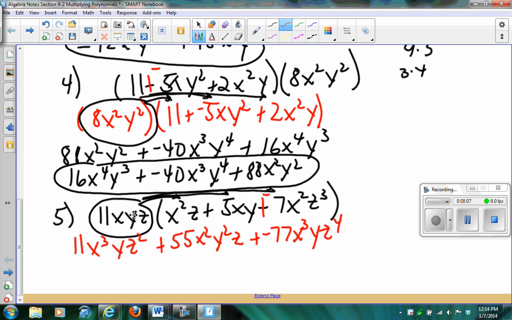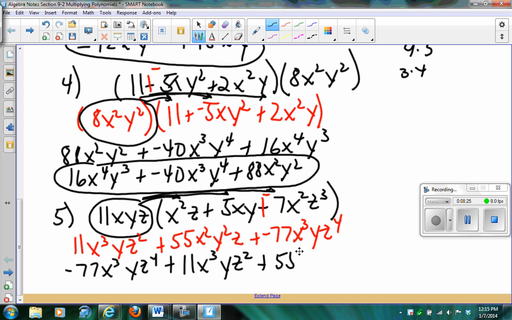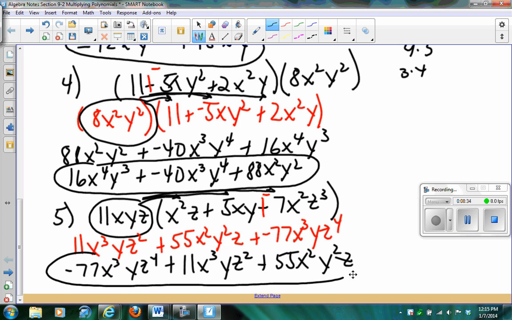So the first term will be the negative 77x to the third y z to the fourth because it has a higher degree. Then the second x to the third term would be 11x to the third z y squared plus 55x squared y squared z. This has x squared, so that's why that one becomes at the very end of these 3 terms.